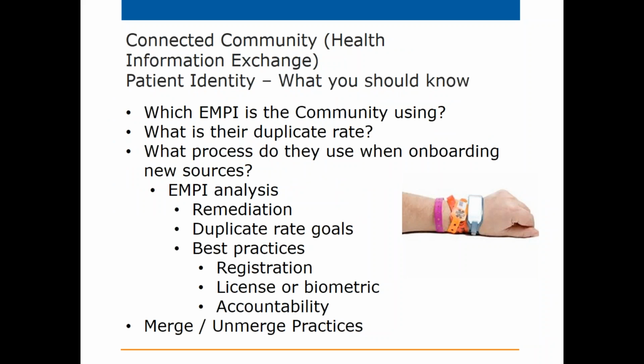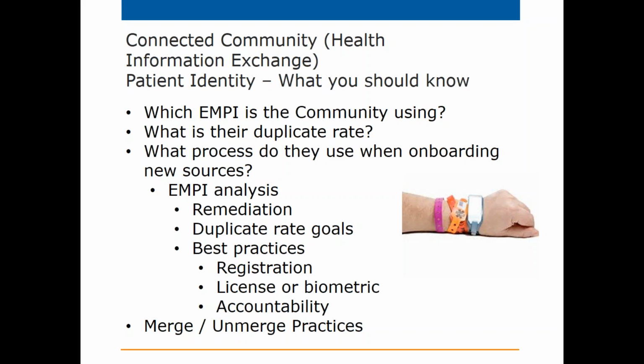Obviously, patient identity in a connected community works a little differently because they see records from multiple sources, whereas you may be providing only a single record from a single source. So just some things that you may want to look into: what EMPI is a connected community using? What's their duplicate rate? What process do they use when they onboard new systems?